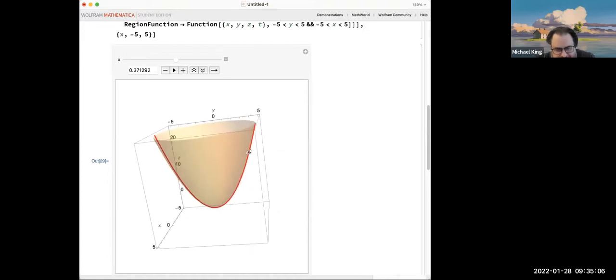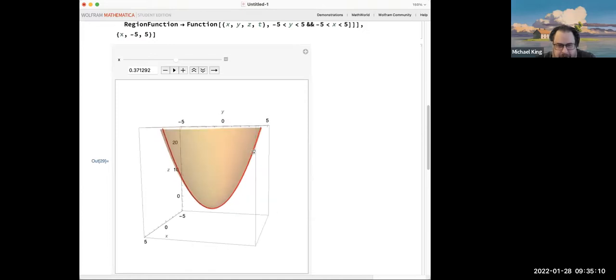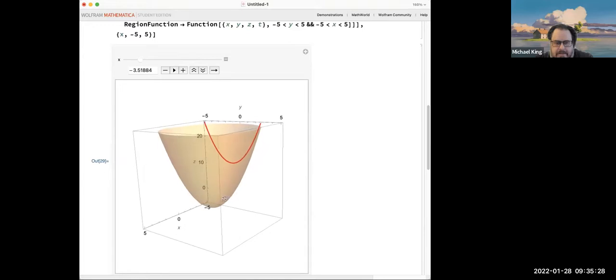Sorry, getting this to orient correctly is kind of a game in itself. But yeah, do you see how those are kind of tracing out the surface, almost like a movie? Does that make sense?